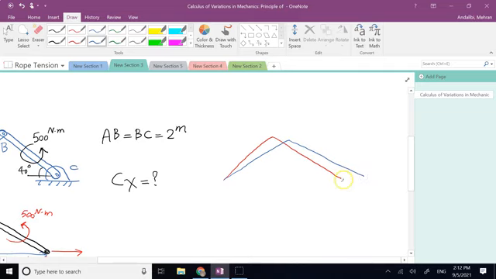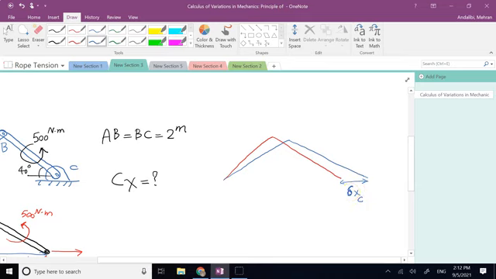So point C has moved a little bit horizontally, and I can call it delta x of C, variation x of C, or del x of C. So is that physically possible? No, it's just a virtual motion.